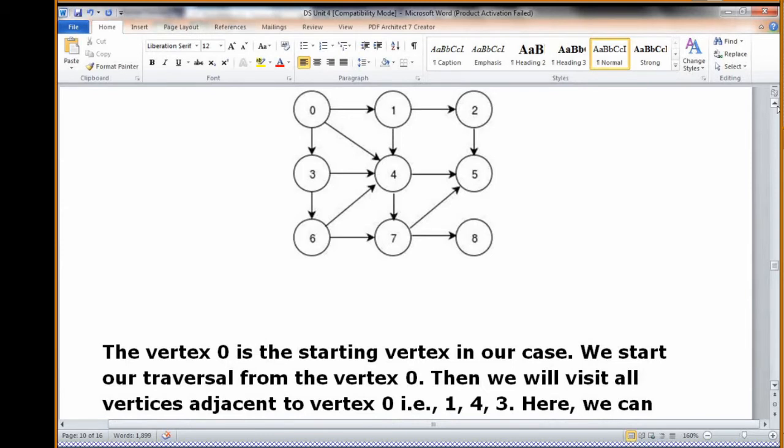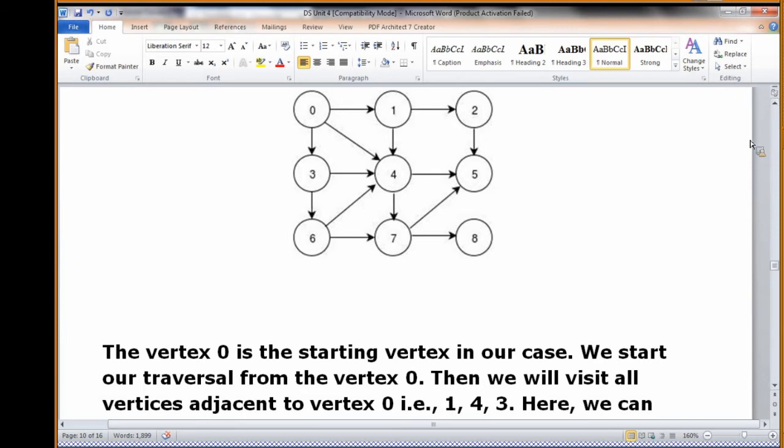Next from 1 adjacent to 2, 3 adjacent to 6, then 4 adjacent to 5. So 0, 1, 3, 4, 2, 6, 5. Then from 5, 7 is there, or from 6, 7 is there, but from 7, 5 and 8 are there, 5 already visited, so then 7. So 0, 1, 3, 4, next 2, 6, 5, 7, 8. 8 is the last leaf node.